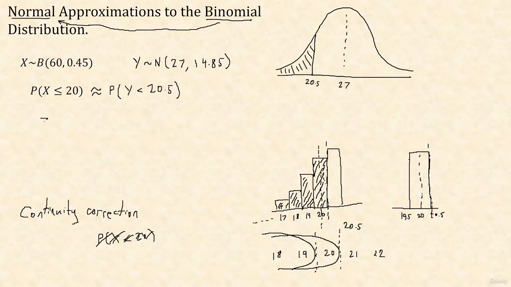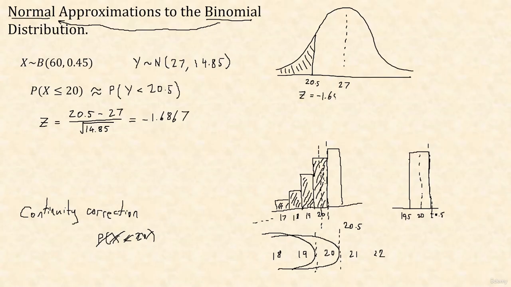So we're going to find that using our standard formula. It is the x value, 20.5, minus the mean, which is 27, divided by the standard deviation. And be careful, 14.85 is the variance. So it's the square root of 14.85. That's minus 1.6867. So that's the z value here.